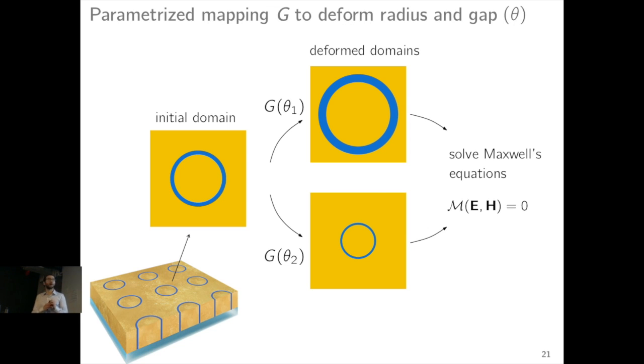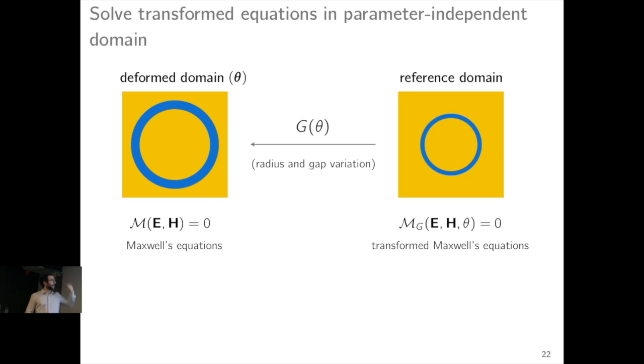This is one way of prescribing geometry variations, but it turns out to be not the most efficient if you want to then do reduced order modeling. And that's why we decided to use a different strategy, which is the reference domain formulation. Instead of solving Maxwell's equations on this deformed domain, we're instead going to solve transformed versions of Maxwell's equations that depend on the parameter on a fixed parameter-independent reference domain.